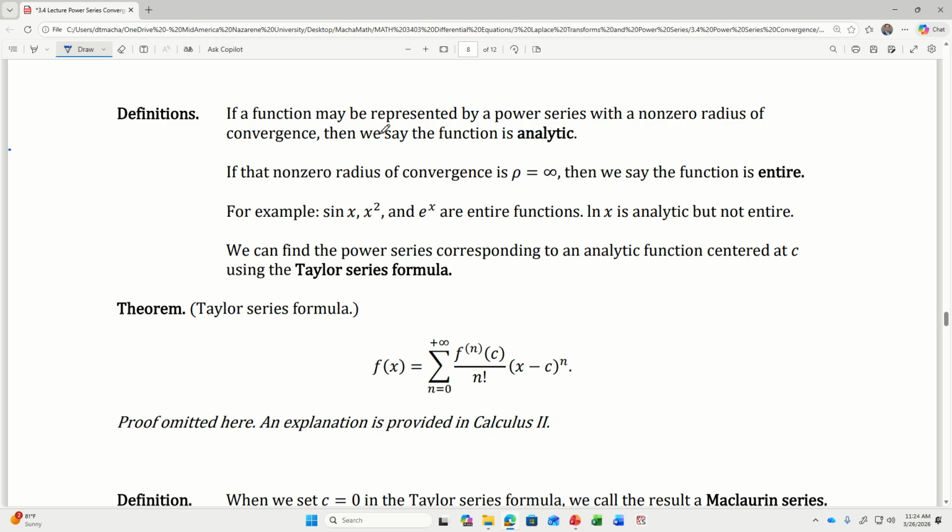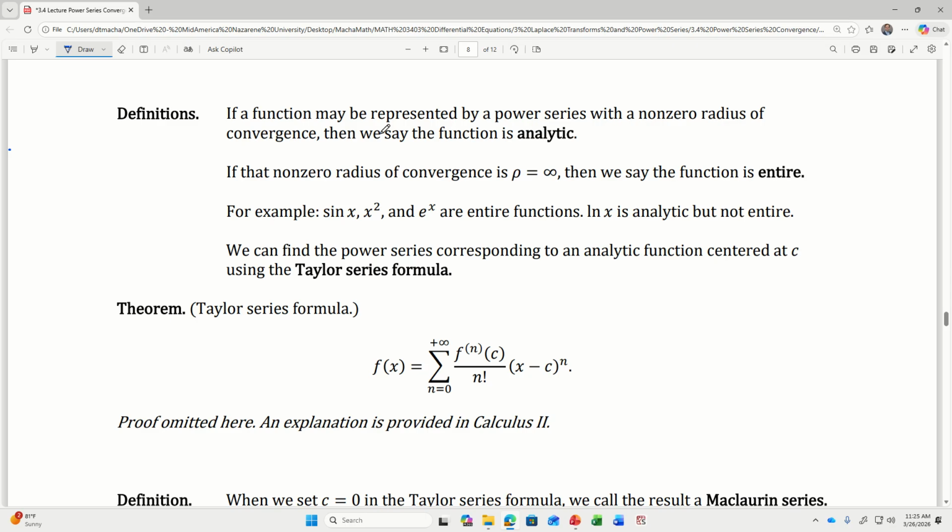If an analytic function has a radius of convergence infinity, then that function is entire. So entire is an adjective that we use to describe functions that are analytic everywhere. So it turns out that there's a bunch of entire functions that you're already familiar with.